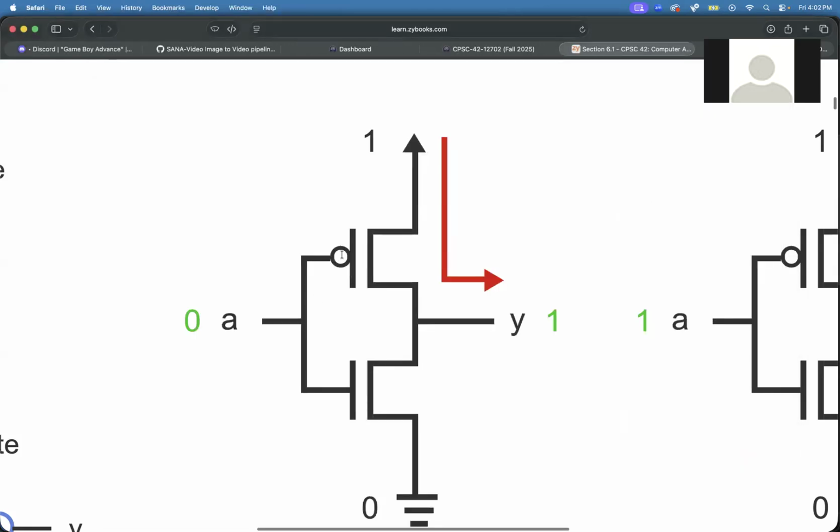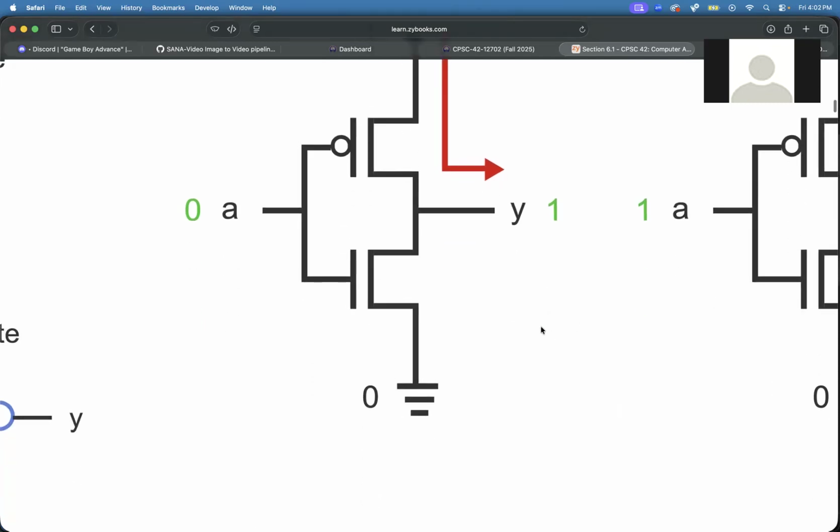So this one will conduct, which means if there's a 1 here, high voltage, the high voltage will make it through, and the result will also be high voltage. And on this end, this symbol is for ground, which we indicate as a 0, low voltage.